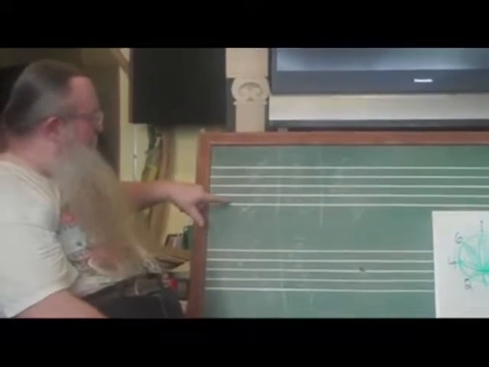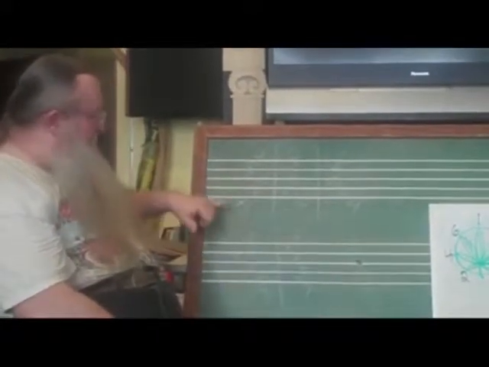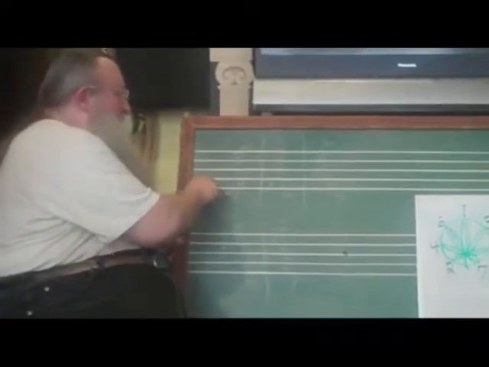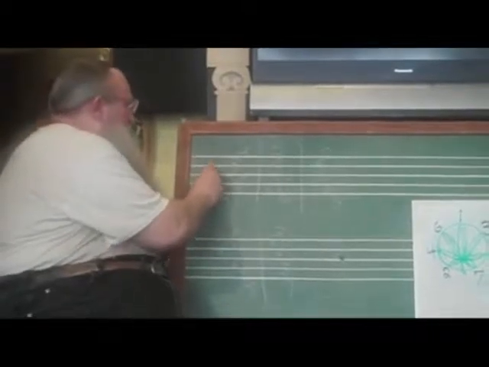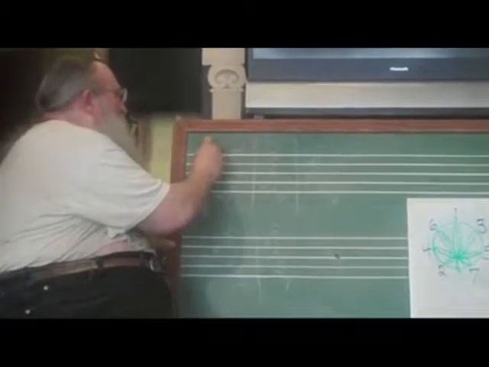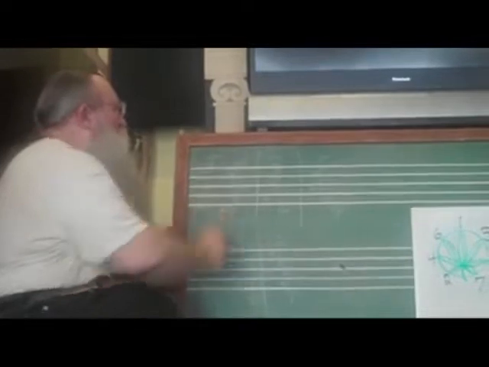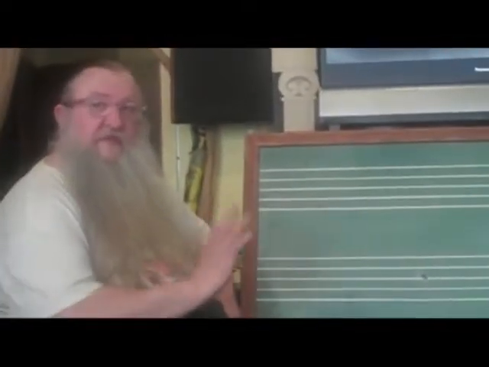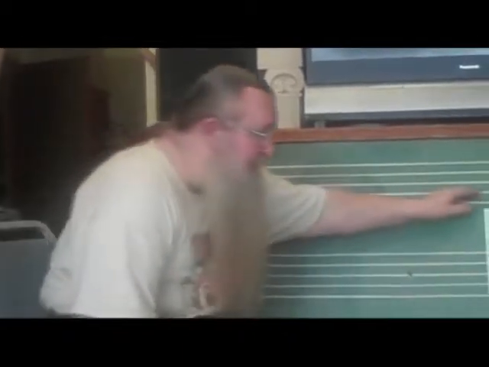Now, in this case, the lines would also follow the same pattern. Between 1 and 3 would be 2. The next line up would be, of course, 4, 6, 1, 3, 5, etc. So now how do I apply this concept to keys?